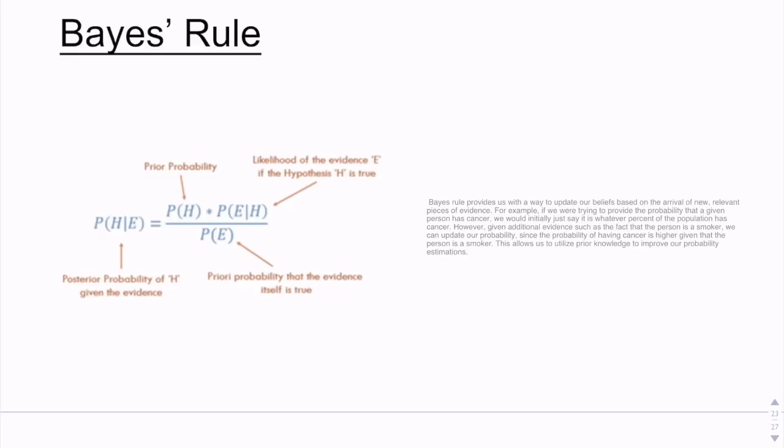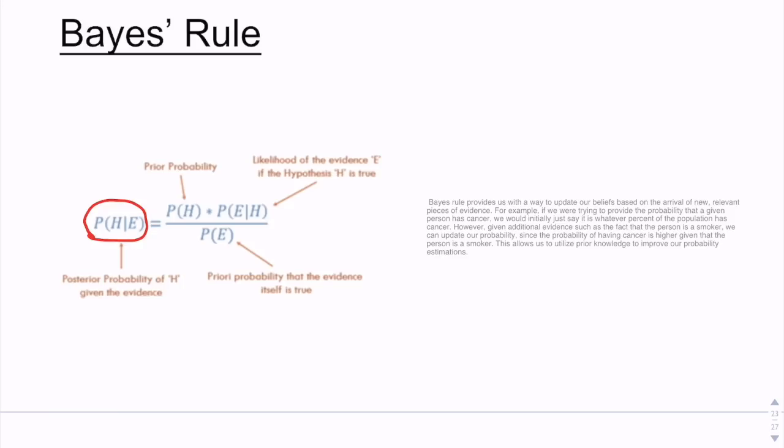So what is Bayes' rule? Let's say we want to compute a probability. This is a conditional probability, the probability of H given E. So what is H? H in here is called the hypothesis.